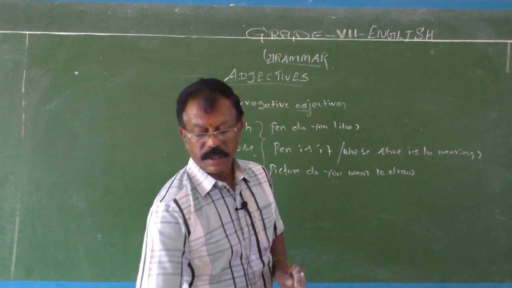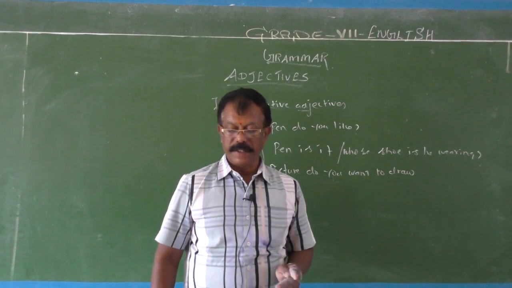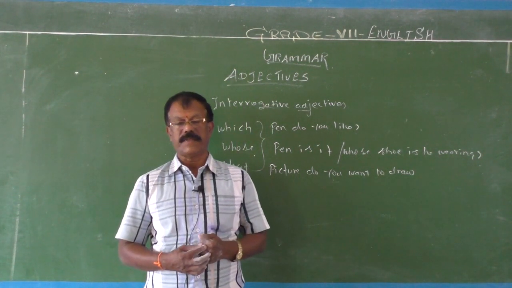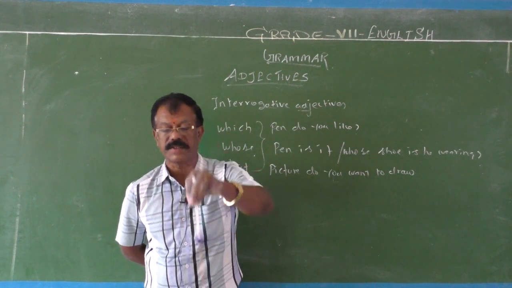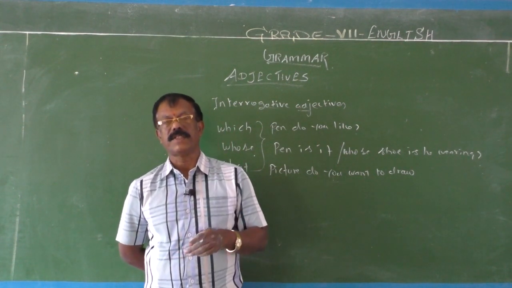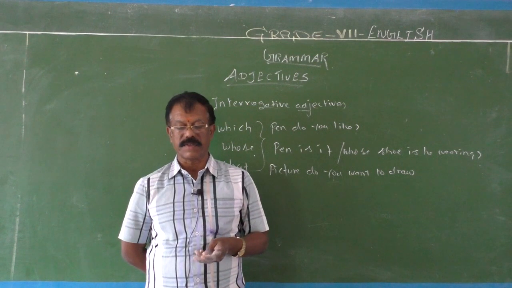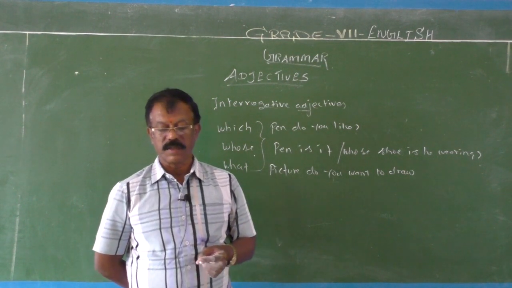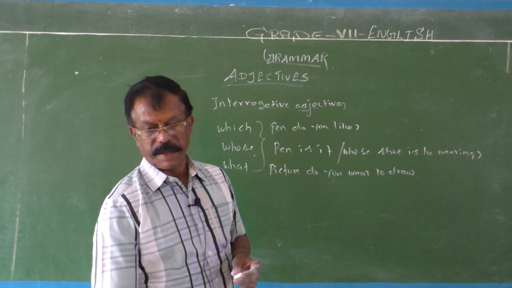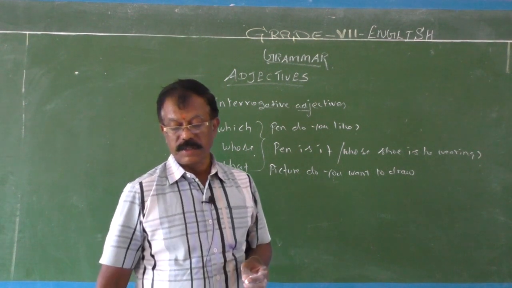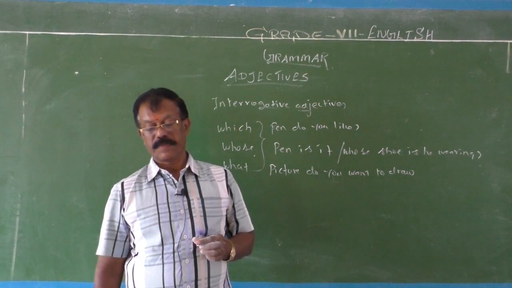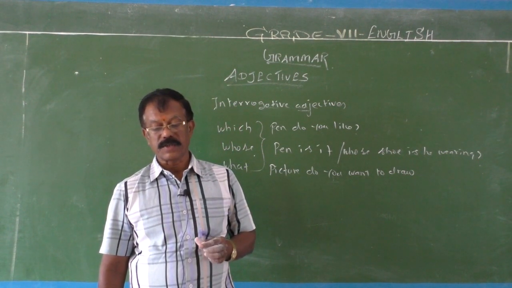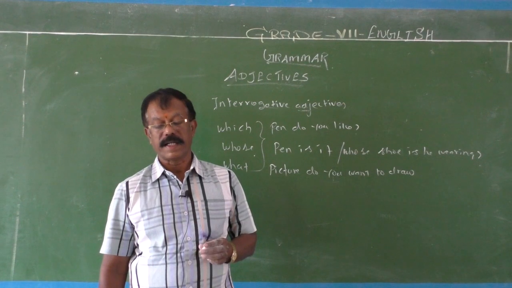Next, emphatic adjectives. There are some adjectives which emphasize certain things. These adjectives are called emphatic adjectives. The adjectives are used to emphasize some idea, so they are called emphatic adjectives.